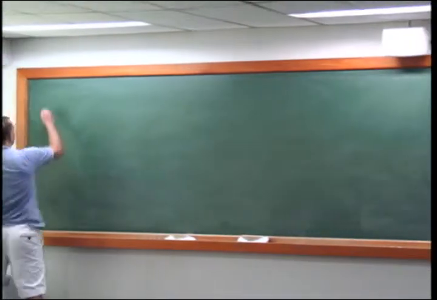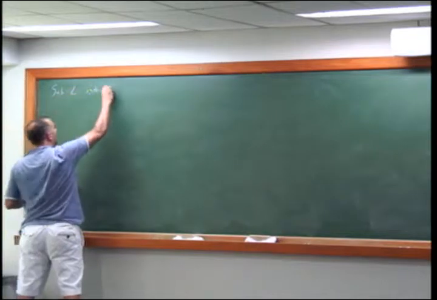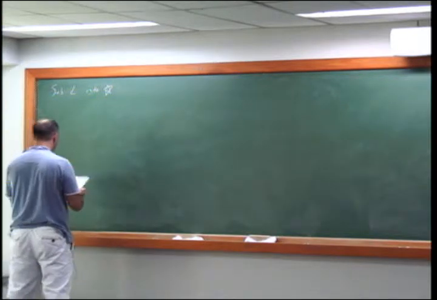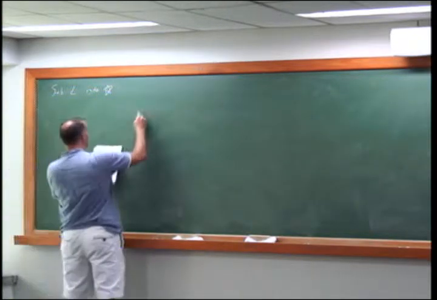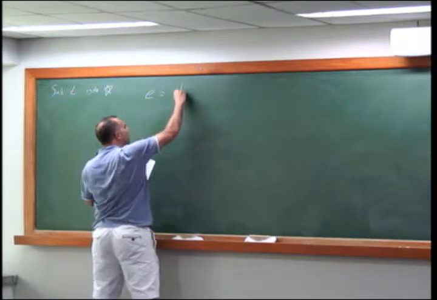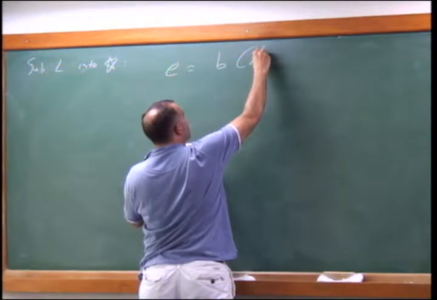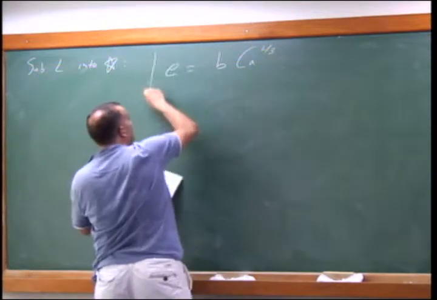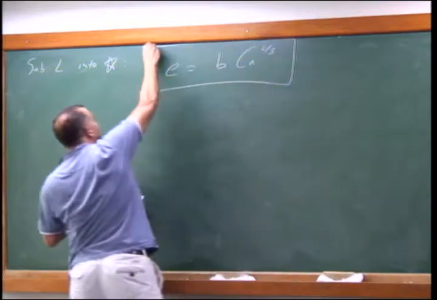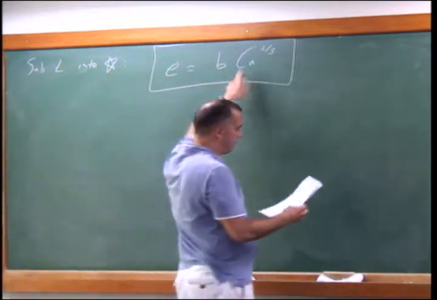Okay, so substitute, and you get E, so the thickness of the layer is on the order of the thickness times the capillary number to the 2/3.